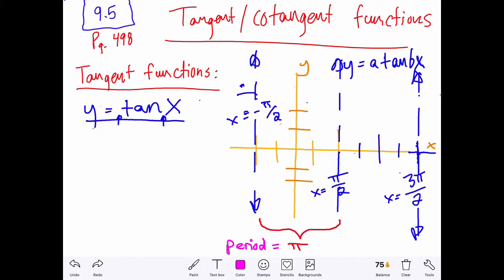And also we have this quality of the tangent graph being offset. Typically when we looked at, say, a sine graph, well, it started here, right, at the y-axis if there wasn't any horizontal transformation, right? And say it did something like that, right?